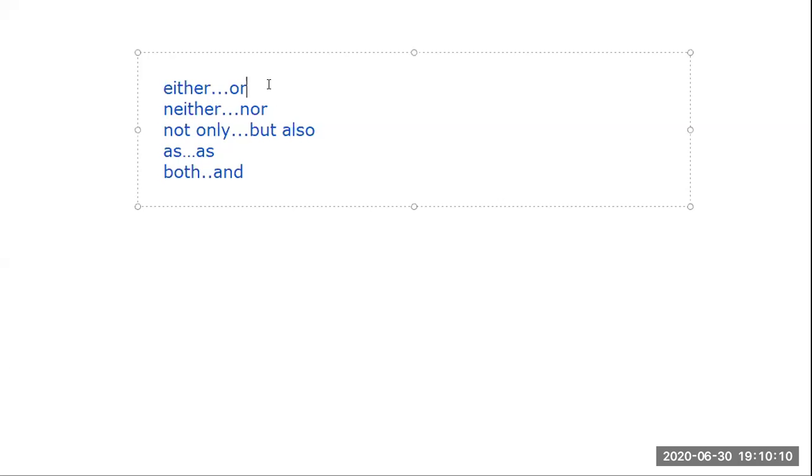They join ideas. The ideas have to be similar. So they can join similar ideas about verbs, about actions. They can join similar ideas about things, nouns, and they can join similar ideas about descriptions, so adjectives.